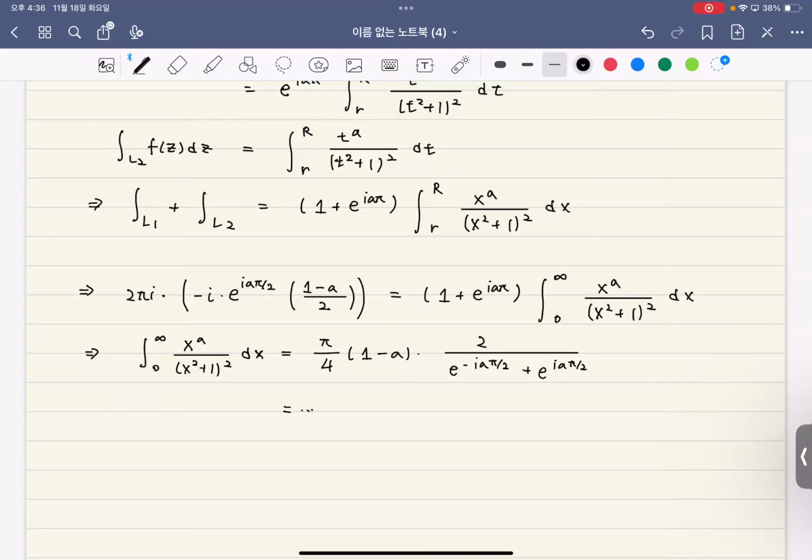Using simple algebra, this looks like some trig functions. With a little help from algebra, you now know that this is just 1 over cosine of (a pi over 2).